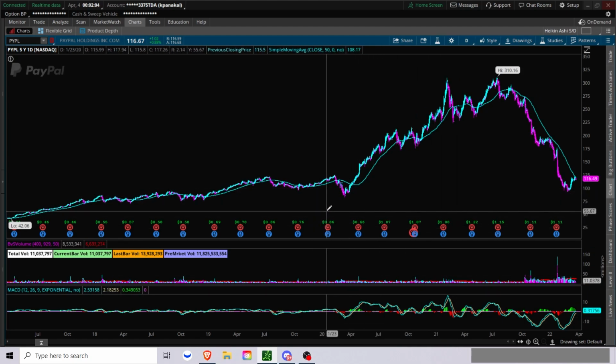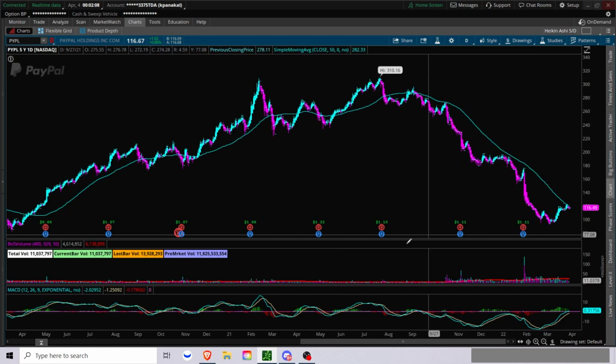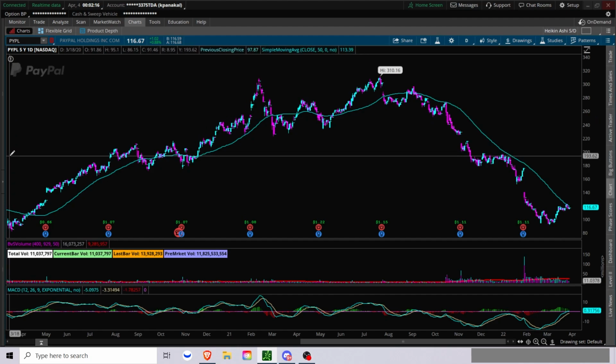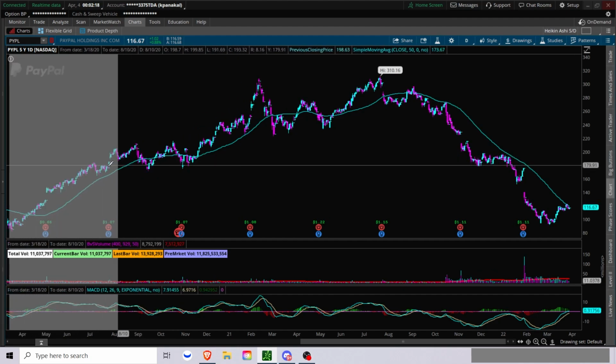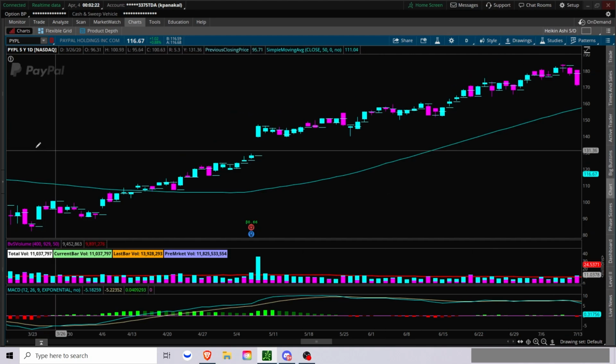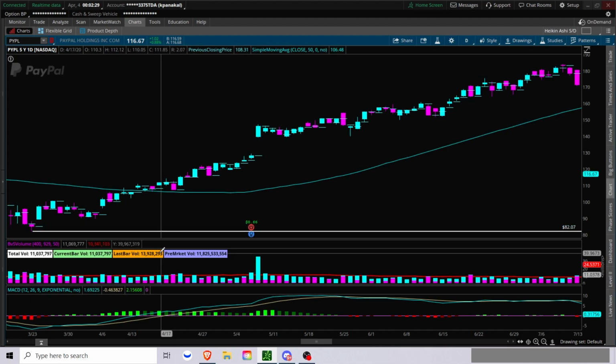So we could technically use it as a support, right? So let's actually switch over to candles, and we could plot this low right over here. Where's this low? It's at $82.07.